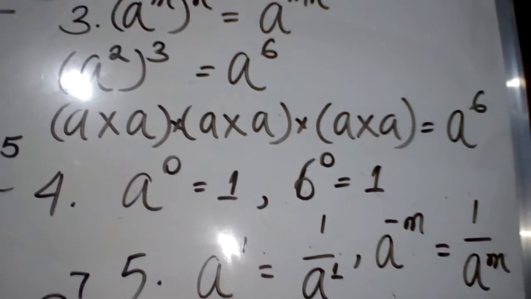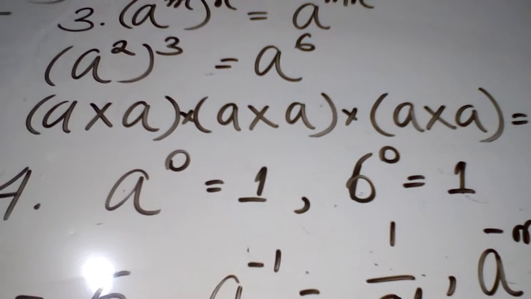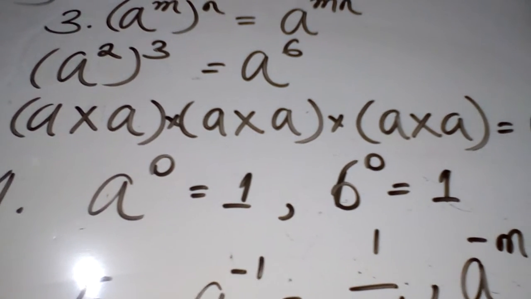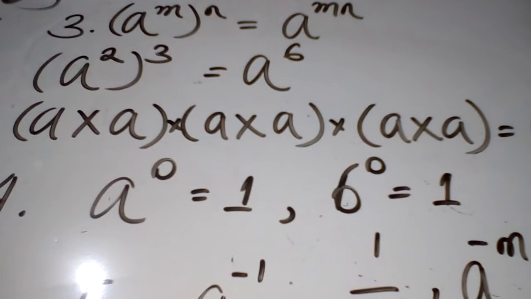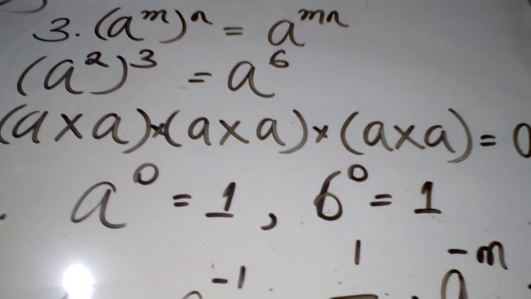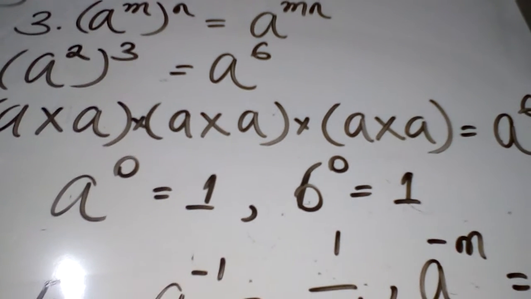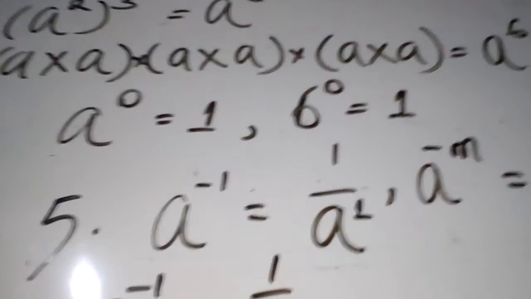Also get to know that any digit that has got an index of 0 has an answer of 1. So even if you have 10 to the power 0 or 100 to the power 0, your answer will be 1. In this instance, 6 to the power 0 also becomes 1.